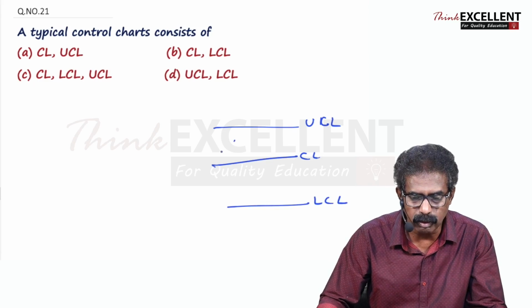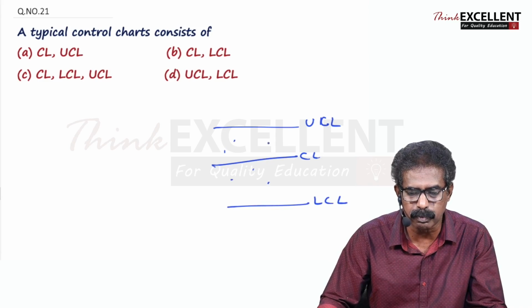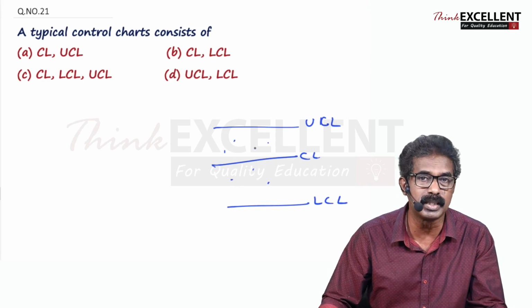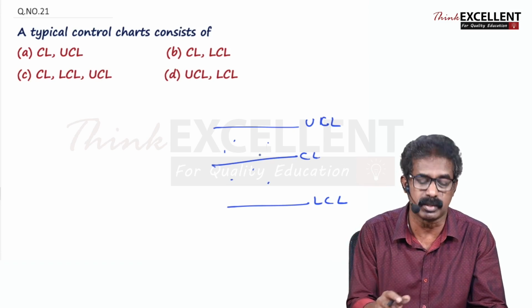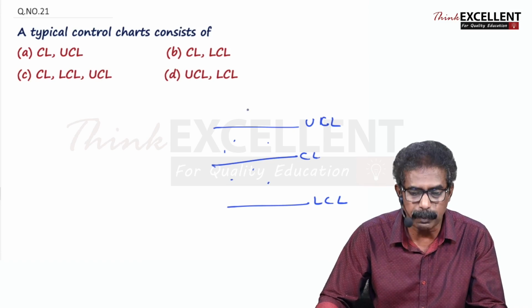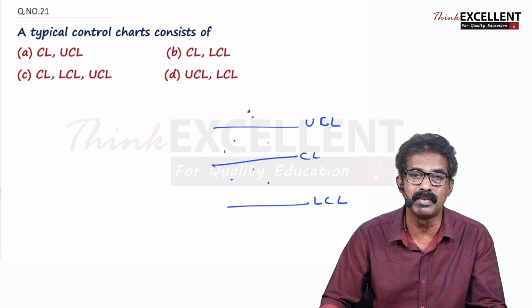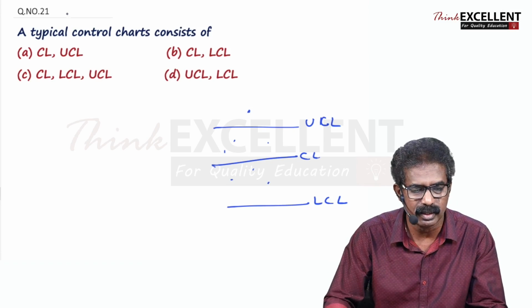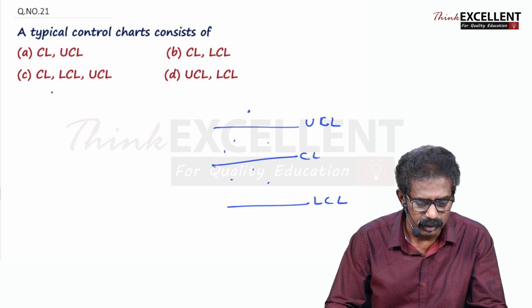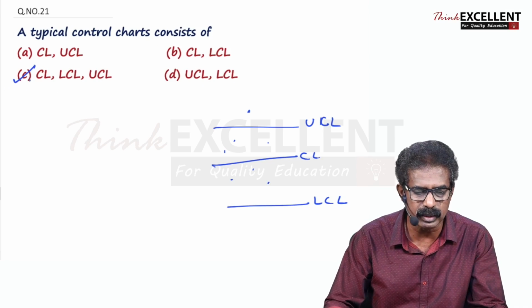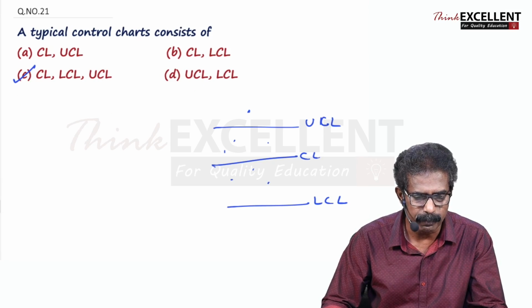If the points lie inside UCL and LCL, then we say the process is under control. Suppose some point lies outside, then we say the process is out of control. But here the question is a typical control chart consists of all three. So the correct answer is CL, UCL and LCL.